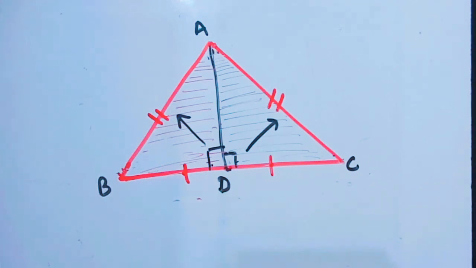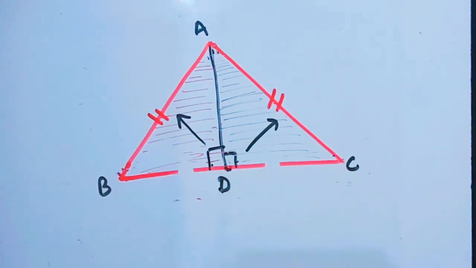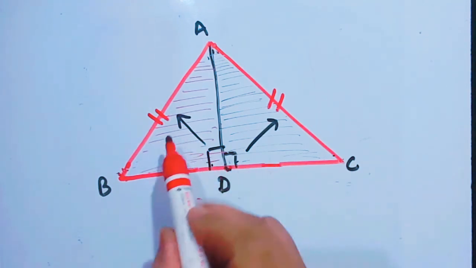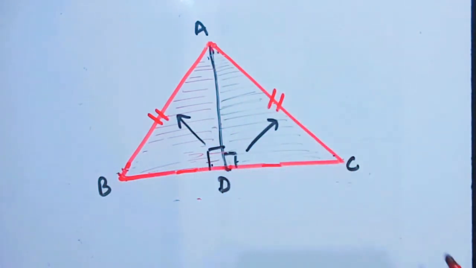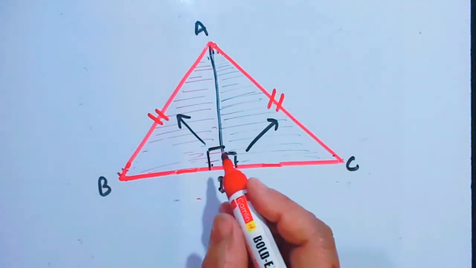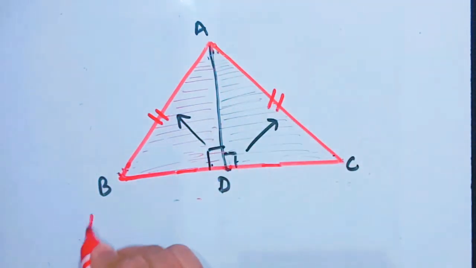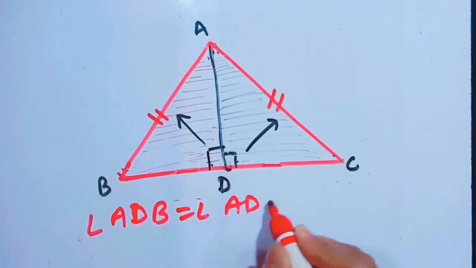In the same figure, if I would not be giving you these two particular sides and I would ask you, are these two triangles ABD and ADC congruent? So let us see what you find. You will be finding that angle ADB is equal to angle ADC.